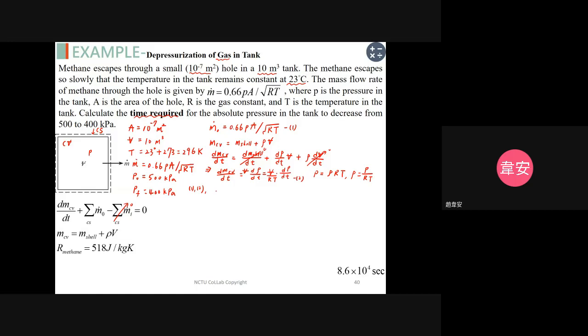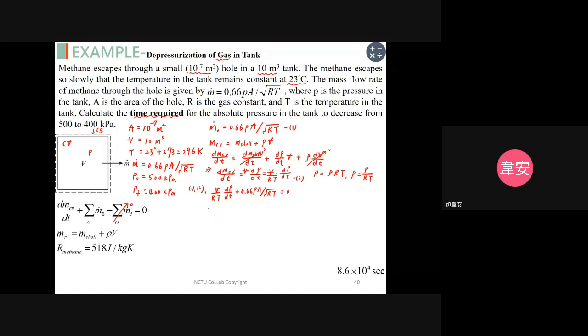So we know that V divided by RT times dP/dt plus equation 1, the mass rate from here, 0.66 times pressure times area divided by the root of RT, is equal to 0.